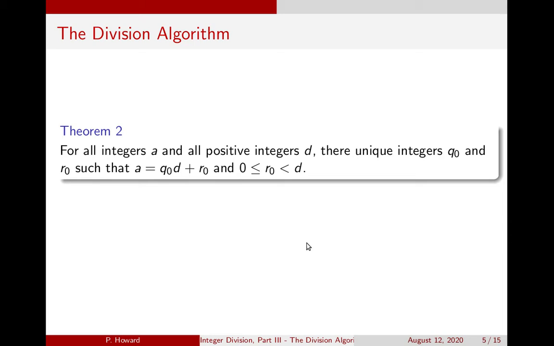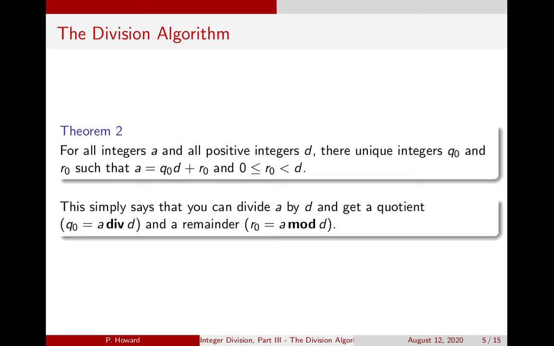There's the theorem stated once more. As I said earlier, this simply says that you can divide a by d for any integer a and any positive integer d and get a quotient and a remainder. The remainder being non-negative and smaller than d.